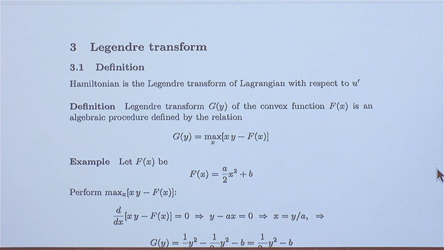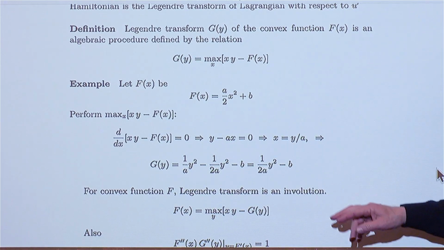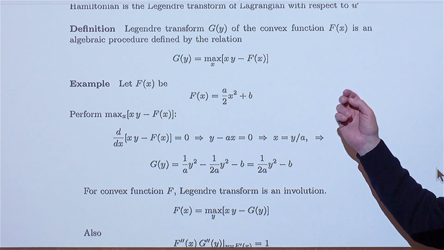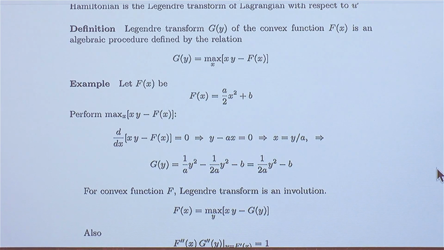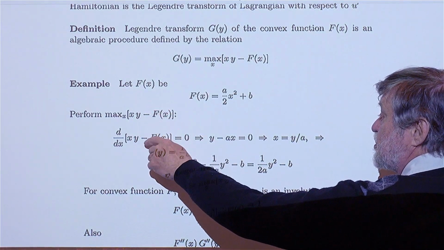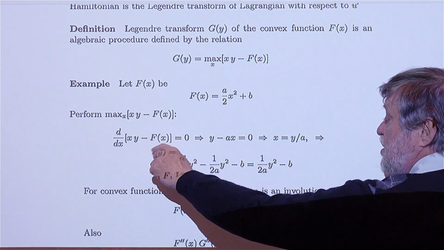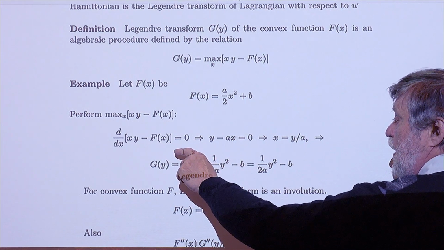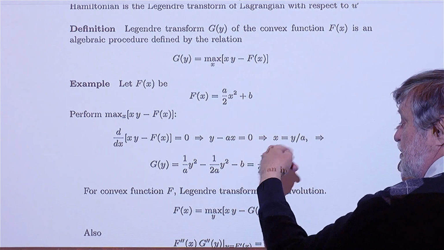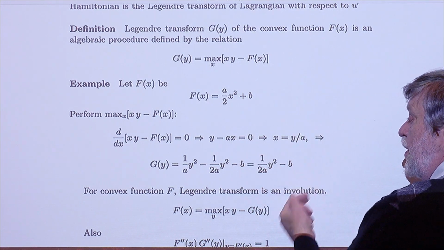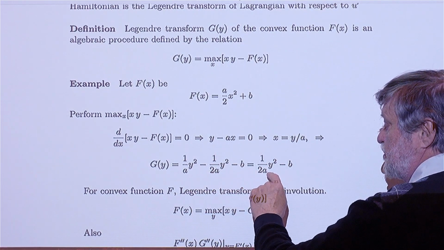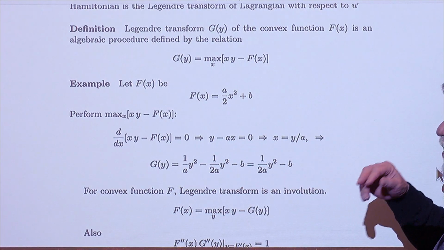For example, if f of x is a over 2 x squared plus b, then in order to find the Legendre transform, we first maximize this expression xy minus f with respect to x, take a derivative, and obtain y equal to a x, so x is y over a, and substitute back into that expression, and we get 1 over 2a y squared minus b.